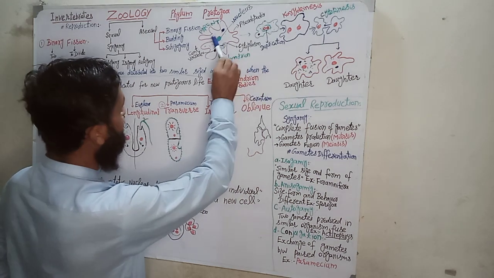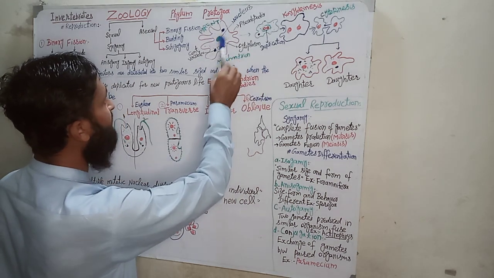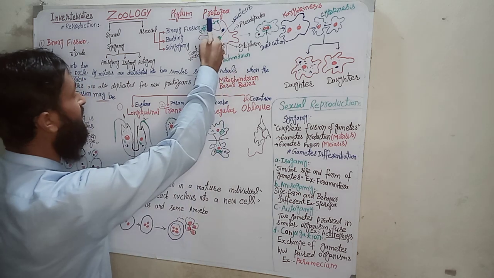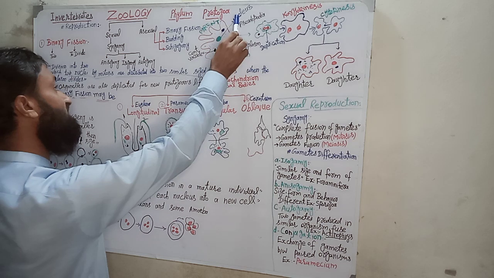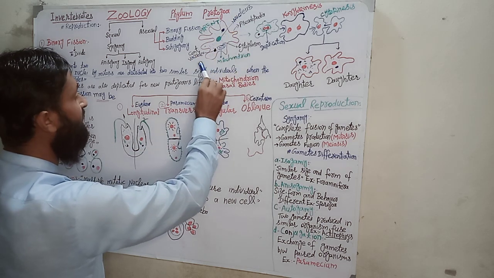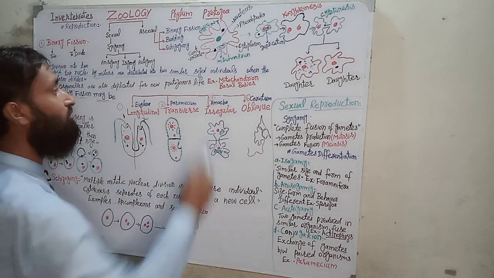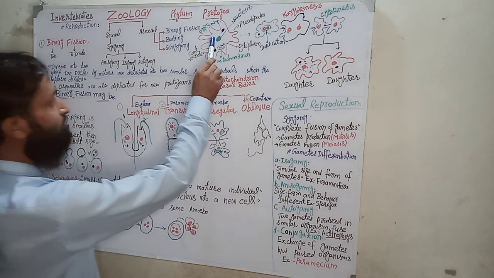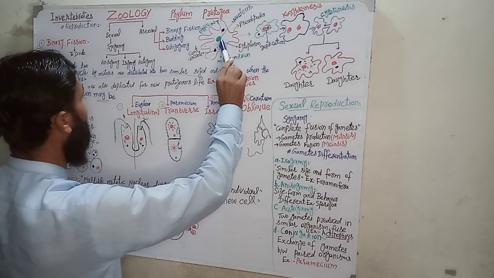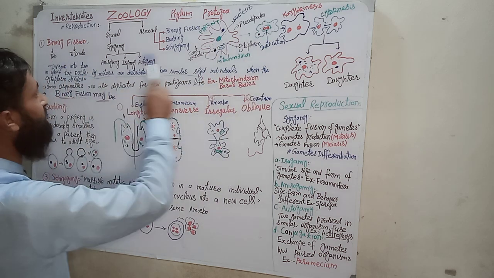Here, this is the parent organism, and the parent organism has the following organelles: nucleus, pseudopodia, contractile vacuole and mitochondria. This is the parent. The parent organism is divided by binary fission.